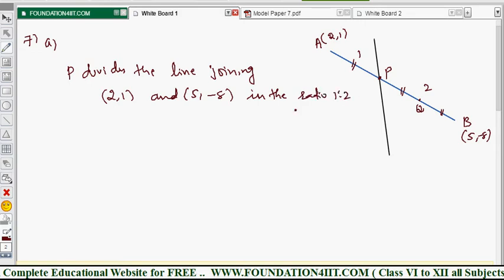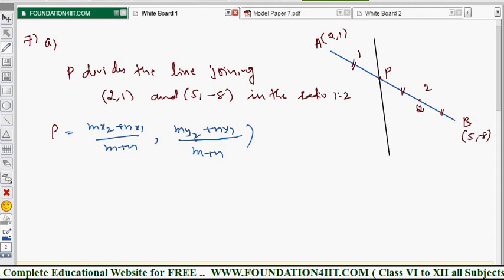Then we apply the section formula, that is (mx2 plus nx1) by (m plus n) comma (my2 plus ny1) by (m plus n). Here m:n is the ratio, with (x1, y1) and (x2, y2) as the points.